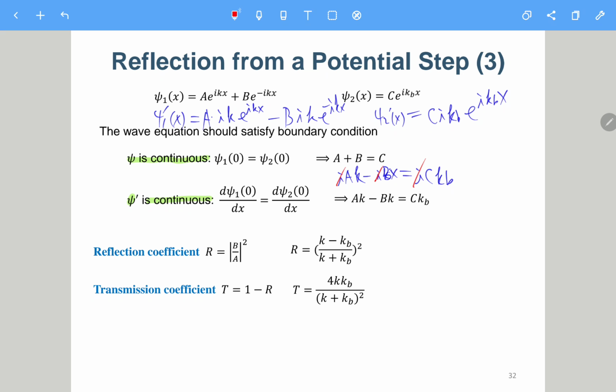What we need to find here is the refraction coefficient and the transmission coefficient, which means what percentage of the particle can go through this step, and what percentage of the particle will be reflected by the potential step.